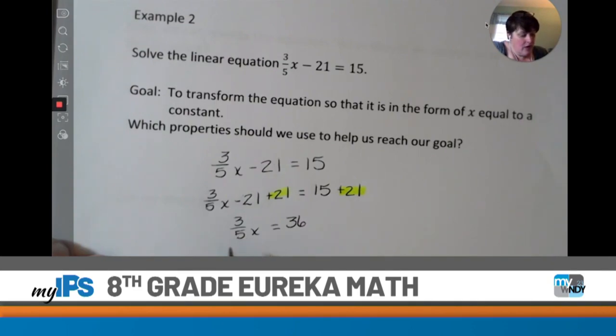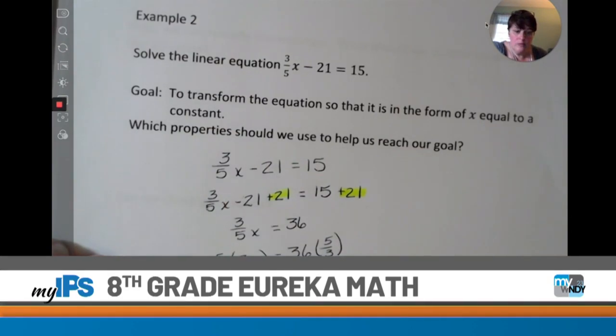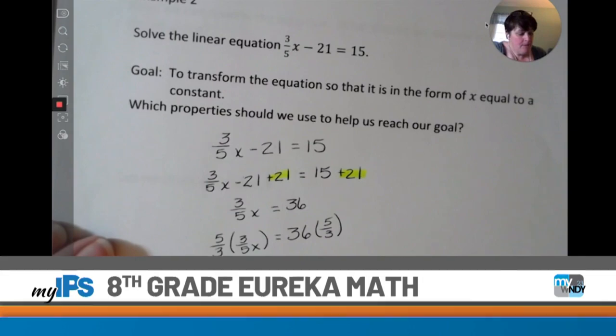So let's do that. 5/3 times 3/5 x is equal to 36 times 5/3. 5/3 times 3/5 would turn into 1. So we're left with 1x. 3 divides into 36, and it's 12, and 12 times 5 is 60. So x would equal 60.